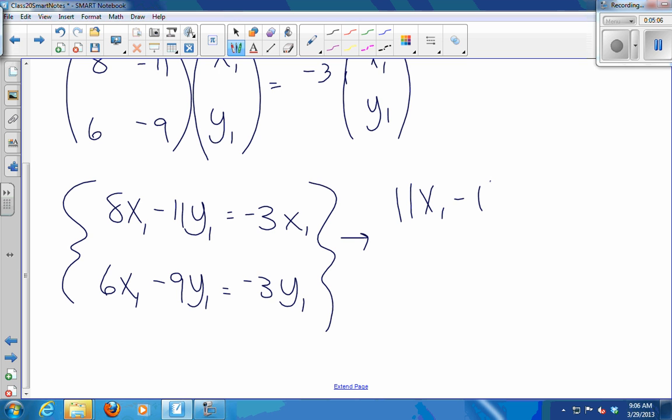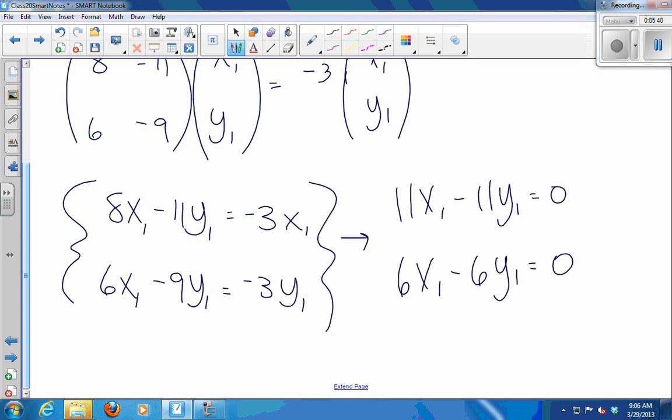The first equation becomes 11x1 minus 11y1 equals 0. And this one says 6x1 plus negative 9 plus 3, which is negative 6y1, equals 0. These two equations are multiples of each other, which means I don't have one single solution. Usually with two equations and two unknowns you have a single solution, but when the two equations are multiples of each other, you have infinite solutions.